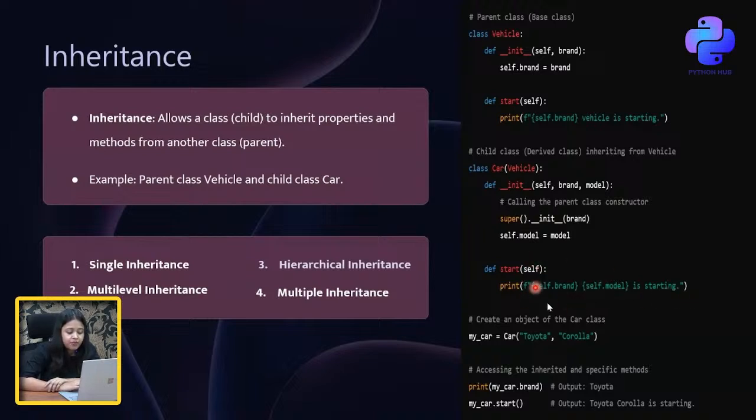That means if my brand is Kia and my model is Seltos, how will it work? Anyone? You can just put it in the comment. How you can say it is: Kia Seltos is starting. Simple.